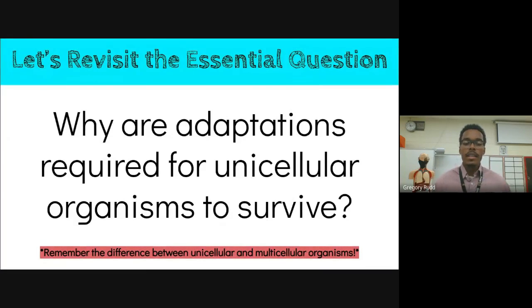And I want you to think back to the beginning of the lesson when I talked briefly about the difference between unicellular and multicellular organisms. So can someone take themselves off of mute and answer this question for us? Why are adaptations required for unicellular organisms to survive?